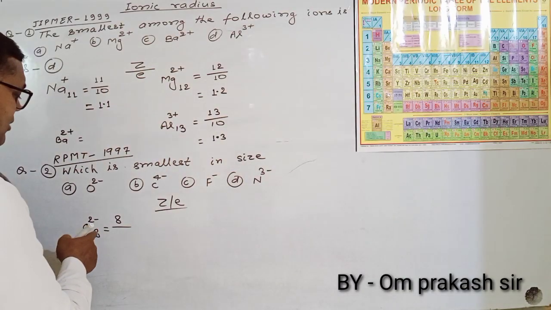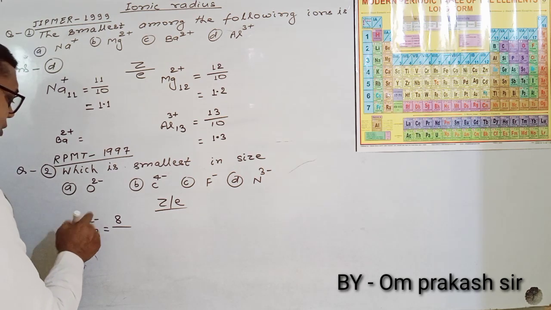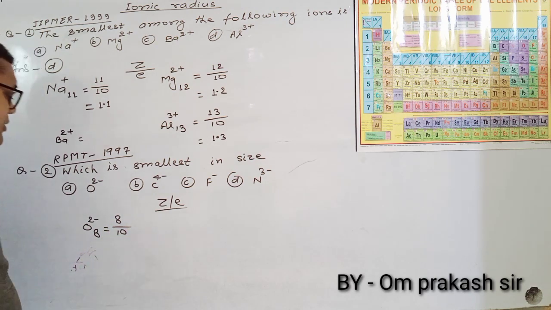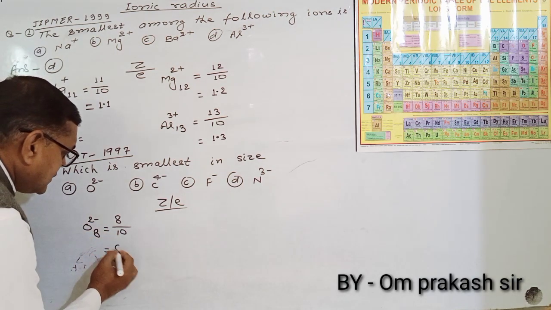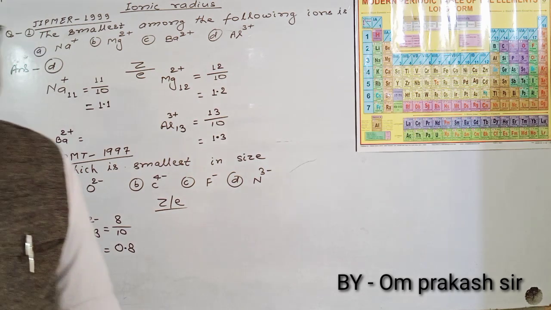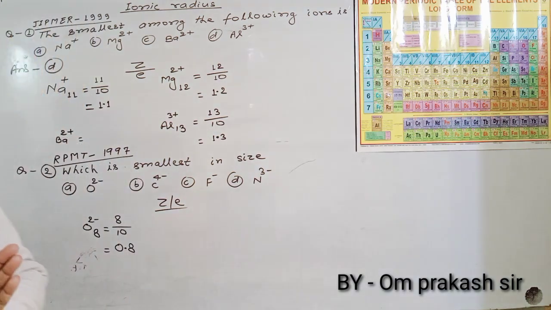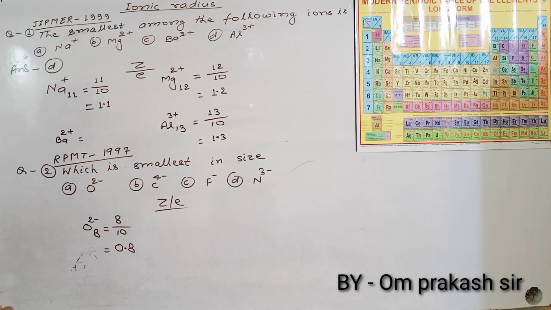The number of electrons in oxide ion is 8 plus 2, equal to 10. Now we divide 8 by 10, we get 0.8, which indicates the value of Z upon E called per electron effective nuclear charge.